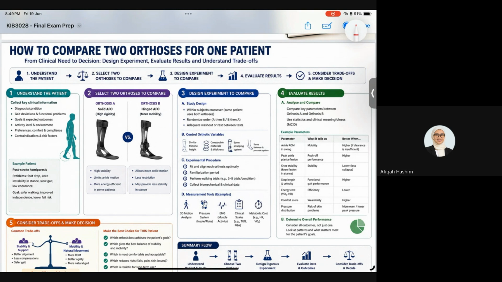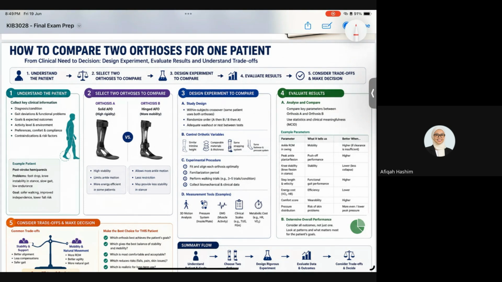Imagine you have two orthoses in front of you. The question is not asking which one is better. Instead, we, as examiners, are actually asking which one is better for this specific patient and how you can prove it. The first thing you should always do is to understand the patient. Like I mentioned a few times already, first thing is the patient. Before looking at the orthosis, ask yourself what is the patient's diagnosis?